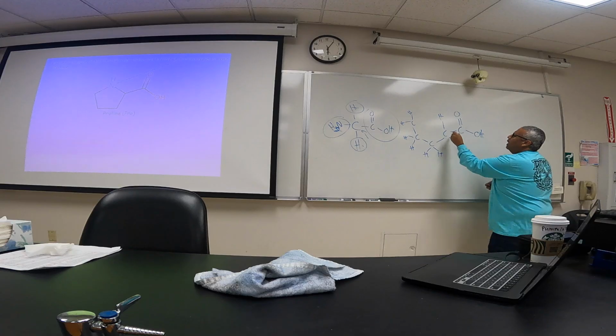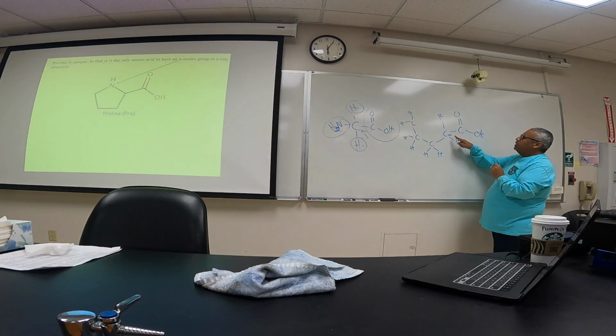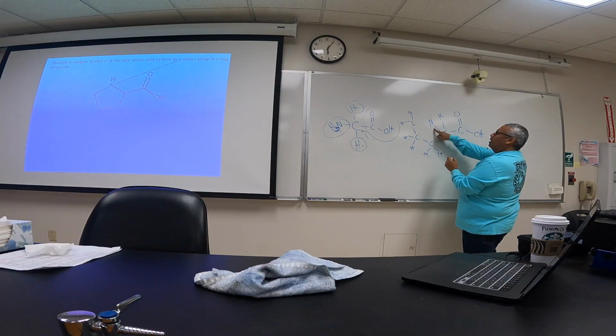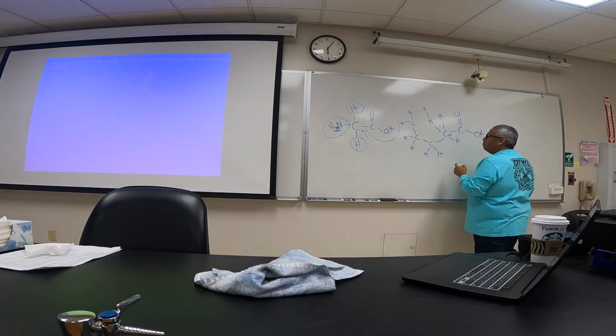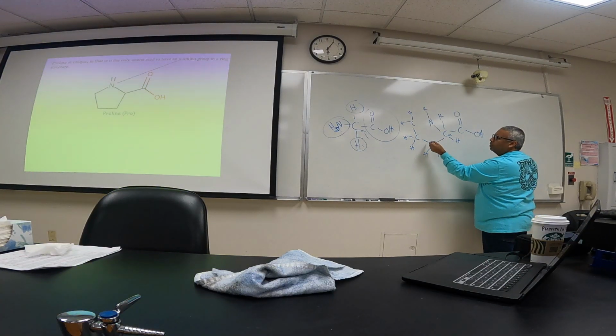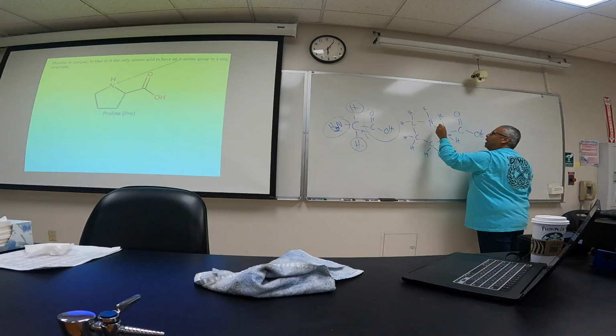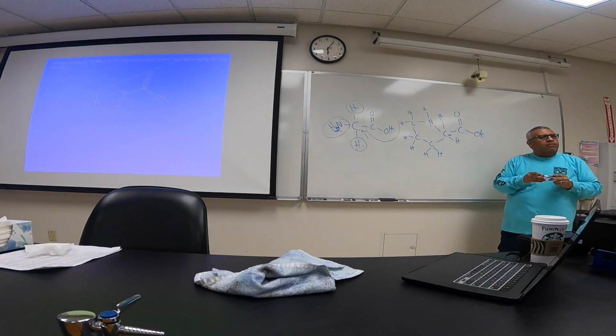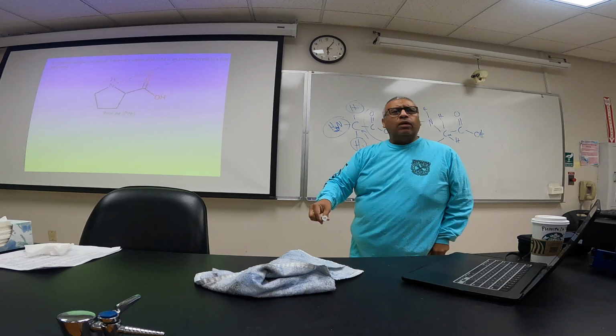So here's the alpha carbon, right? Here's my carbonyl, here's my alpha carbon, and then off of here we have our alpha nitrogen. And this R group wraps itself around and bonds itself to this alpha nitrogen group. And it's the only amino acid that will do that.